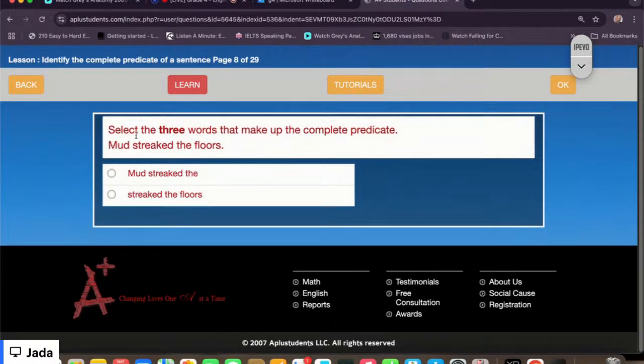Must trick the flaws. So what are the three words that make up the complete predicate? All right, so we have the second.